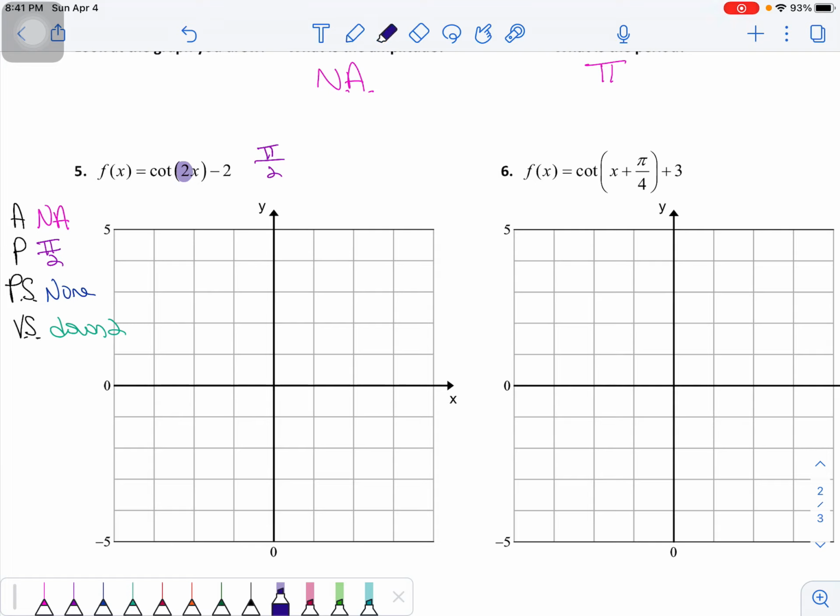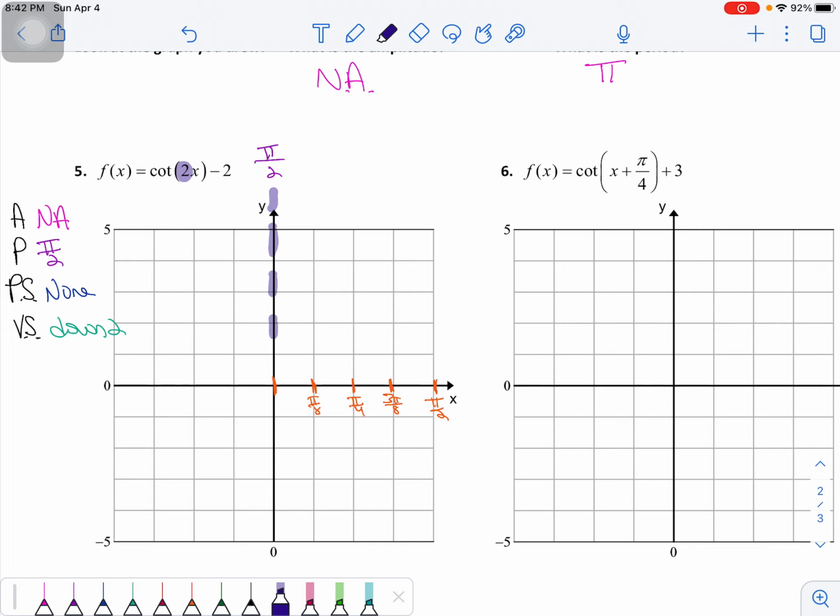So the first thing I want to do is to put in my critical values across the x-axis. The nice part about cotangent is you are going to start at the y-axis and then label 4 to the right. So we're going to go 0, pi over 8, pi over 4, and 3 pi over 8.